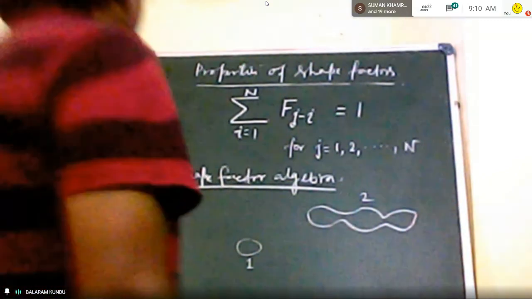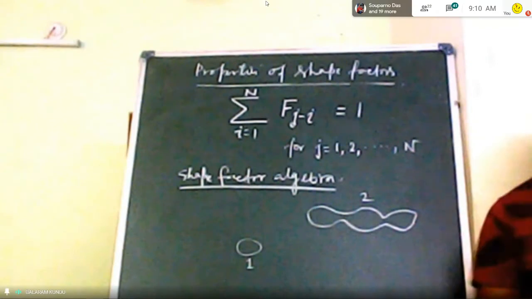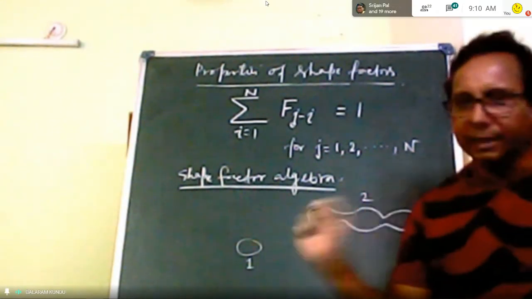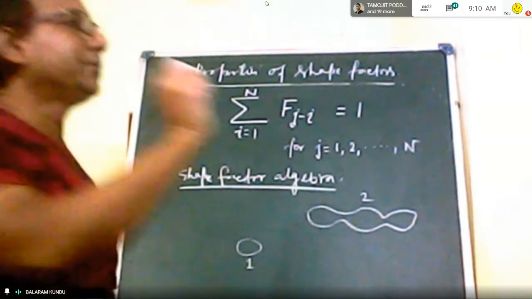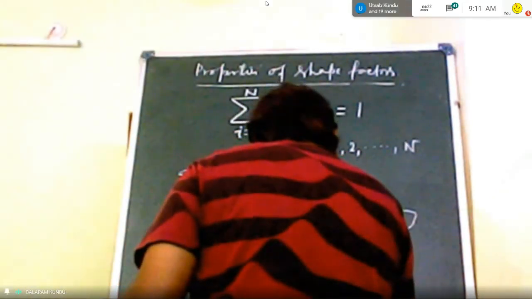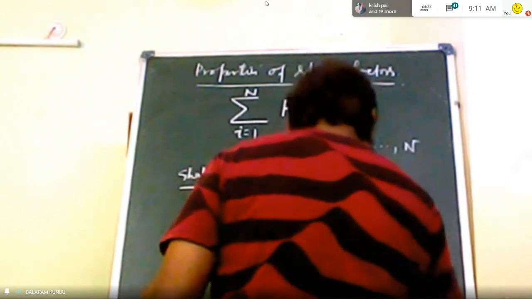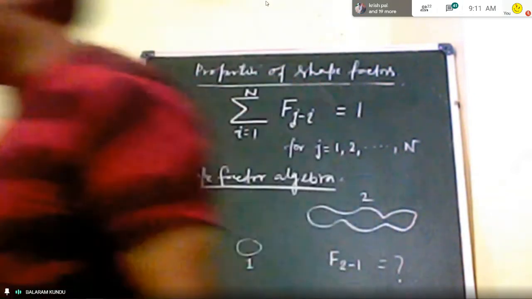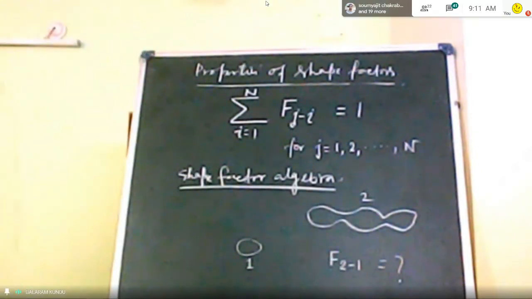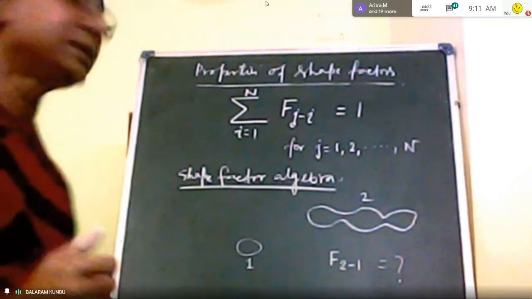Now shape factor algebra. So two surfaces are there. One surface is a simple surface, and surface 2 is complicated. Now we want to determine the shape factor from surface 2 to surface 1, say F2 to 1. As surface 2 is complicated, it may be difficult to determine the shape factor.